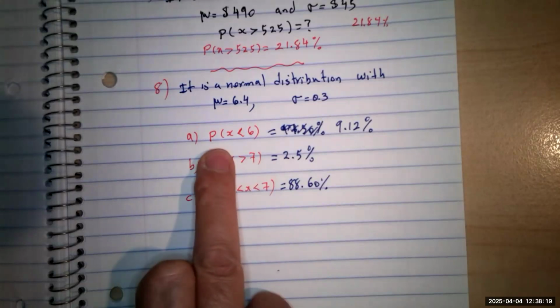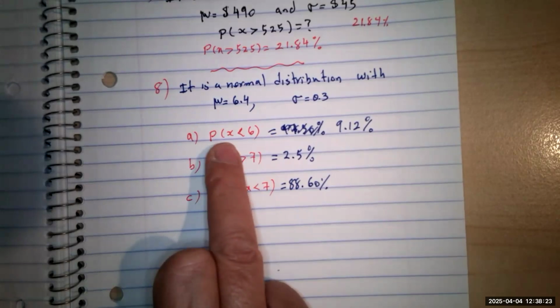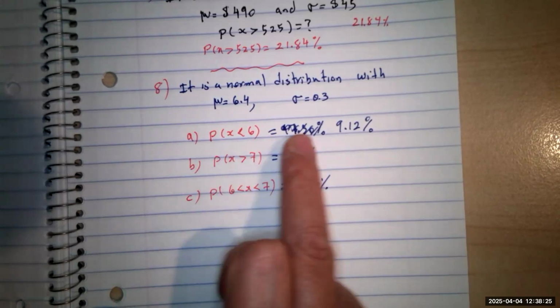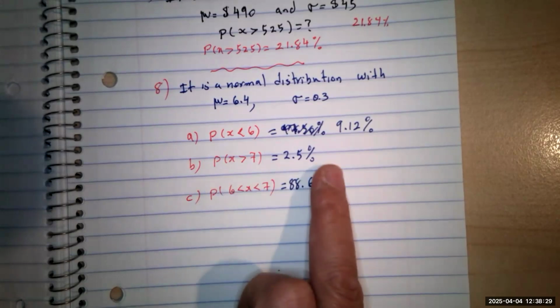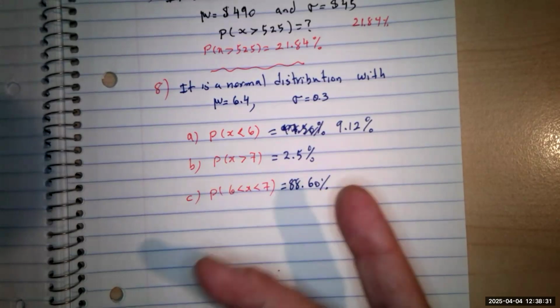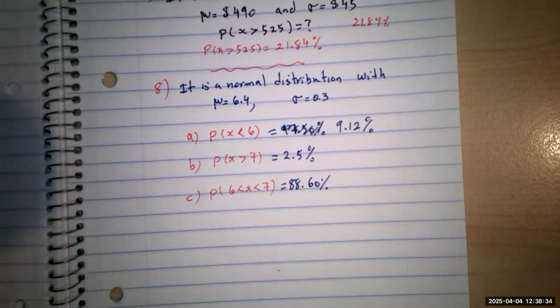Nicely, you have to change the question into this format. Probability of x less than 6 is 10%, bigger than 7 is 2.5%, and in between, this is the one, 88.60%. Okay, just double check these numbers, make sure that we have something true.